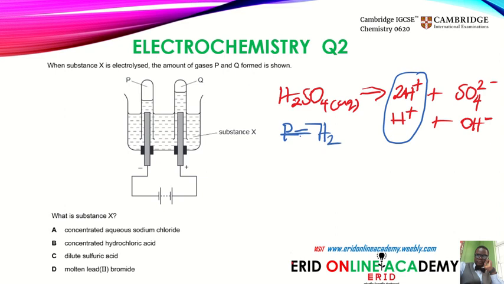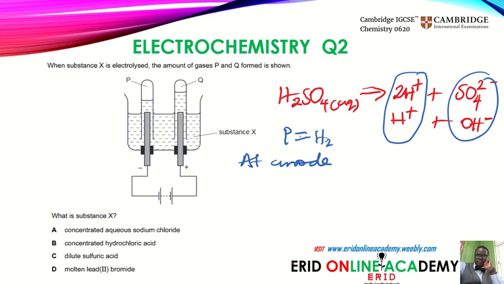P is hydrogen gas. So if P is hydrogen gas, then let's move on to the anode. So at the anode, what is going to happen there? You have these two ions migrating towards the anode.